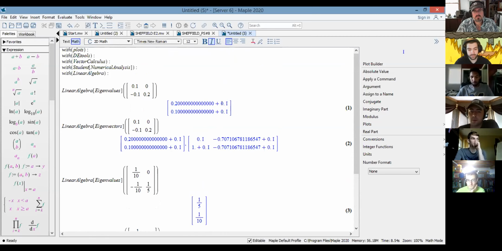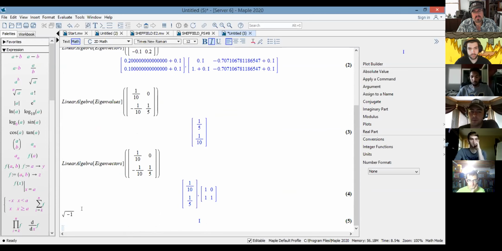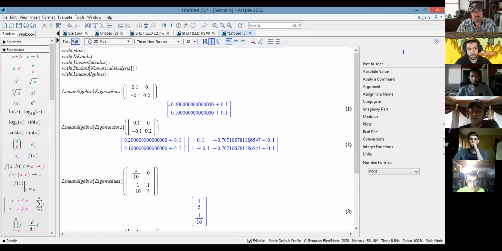Then we got kind of confused about why there was this plus 0.I, and we later learned that that is 0 times I. We also learned that Maple, whenever you have an I associated with an imaginary number, gives it to you as a capital rather than a lowercase. So in reality, this isn't 0.2 plus 0.I, it's 0.2 plus 0 times I, and 0 times I is 0, so that's what it means. Nicely put.